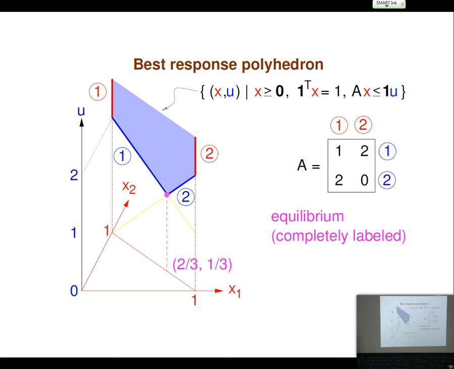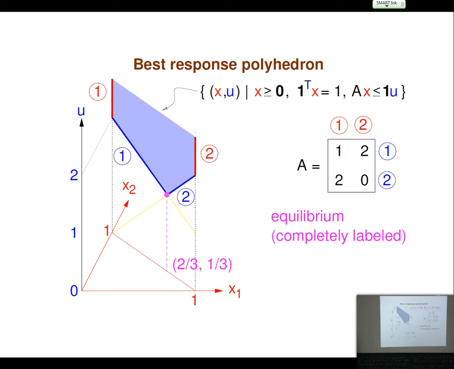We've also labeled these side facets, and the interpretation of them is the following. They correspond to the player whose mixed strategies we're looking at best responses against. So here, this 1 actually signifies that x1 is equal to 0. This gives us a reinterpretation of that characterization of equilibria in terms of the complementarity condition, as completely labelled pairs in these polytopes.